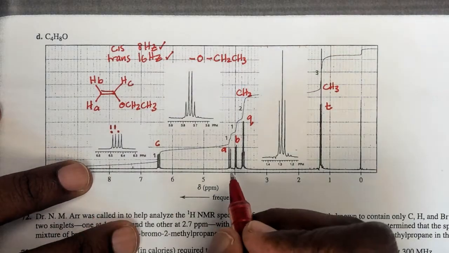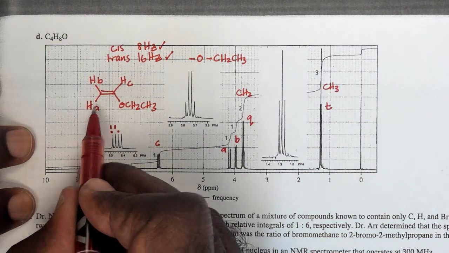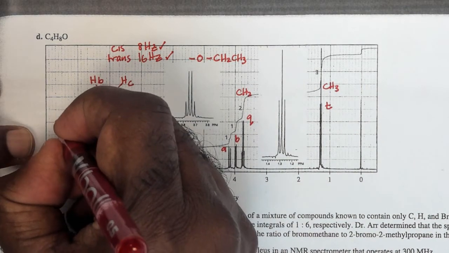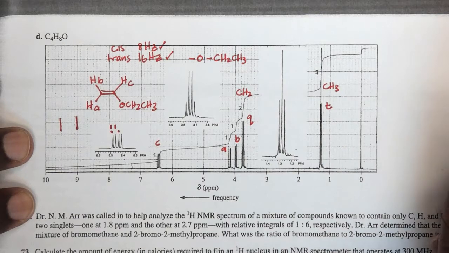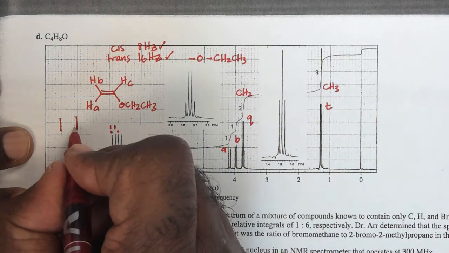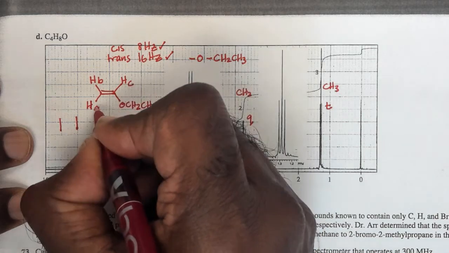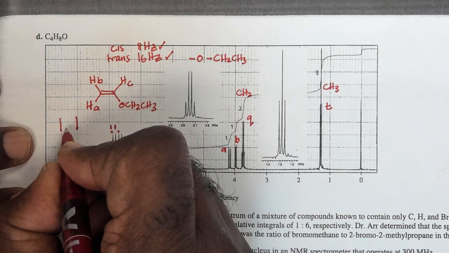How that arises, and let me show you on the side here, is that A will split C with a coupling constant of about 16 Hertz, and I'm just exaggerating the length here. So A splits the C by 16 Hertz, and then B splits the C by 8 Hertz.